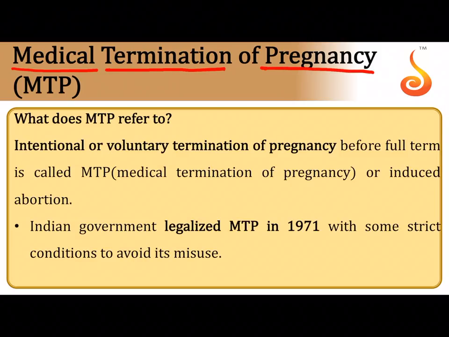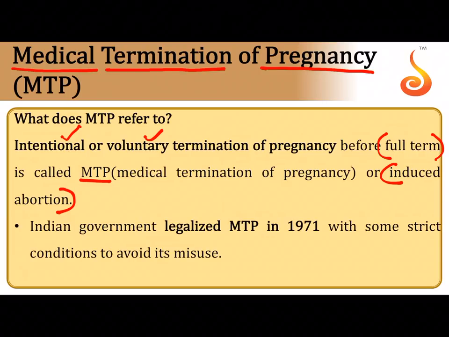As the name indicates, pregnancy is put to an end before attaining full term. So it is an intentional or voluntary termination, that is, the parents themselves want to put an end to the pregnancy. They want to discontinue the pregnancy. In common lay terms, you can also call it abortion or induced abortion.